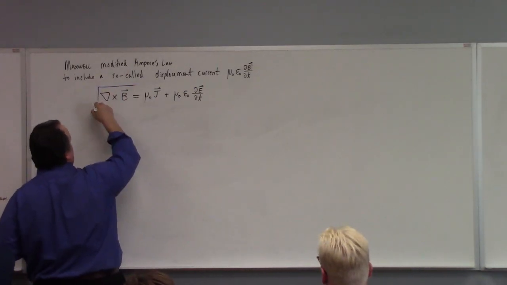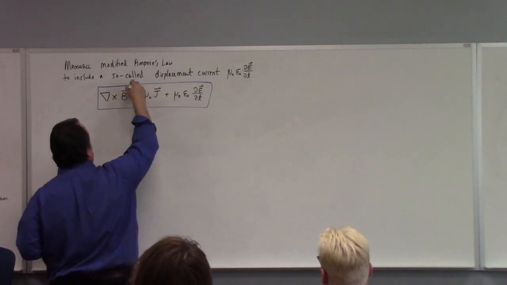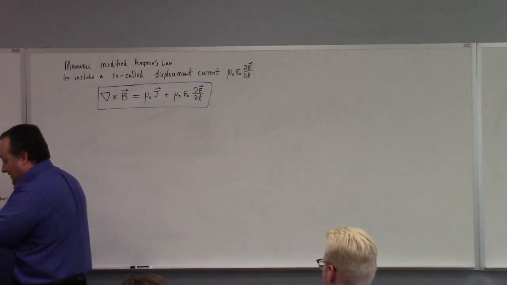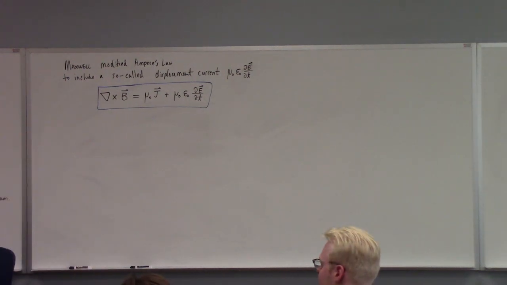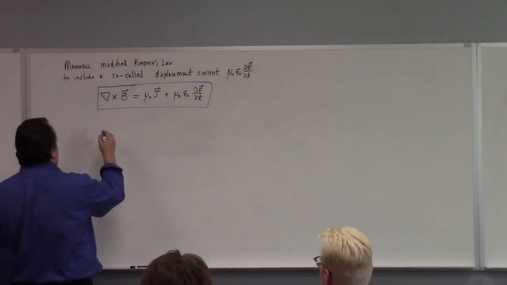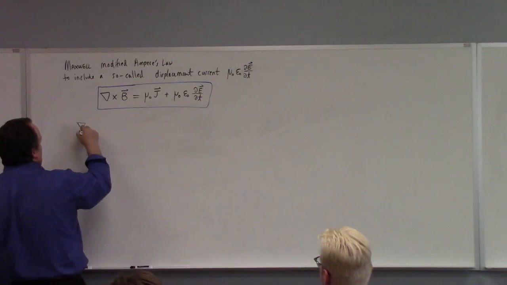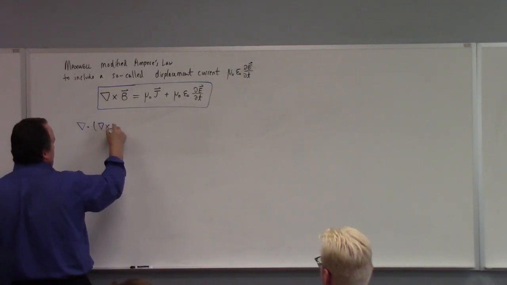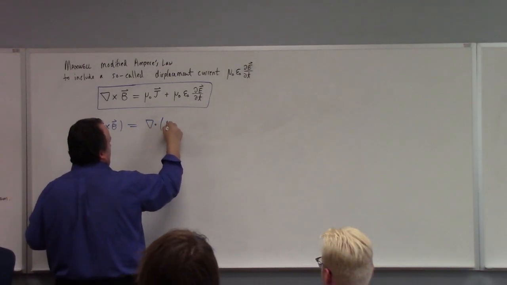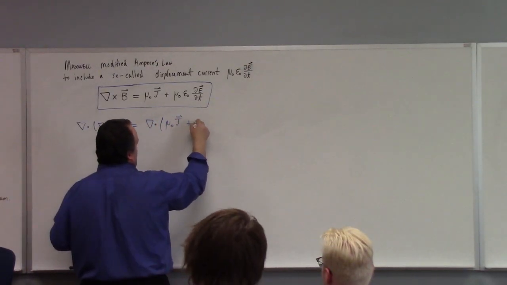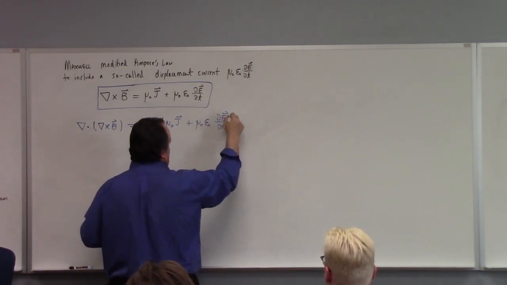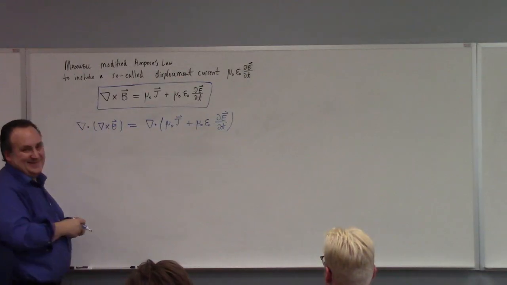Now we'll talk more about why that's called a displacement current after we get done with a little bit of mathematics here. But to start with, let's see how that fixes the problem. So we go back through then. Let's look at the divergence of the curl of B. So that's the divergence of mu naught J plus mu naught epsilon naught partial E partial t, with our newfangled law.